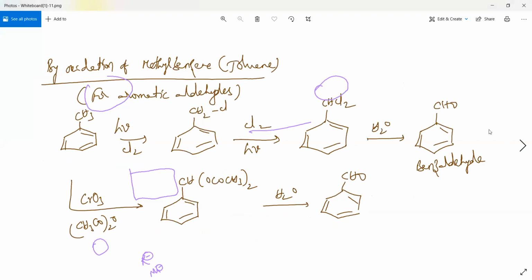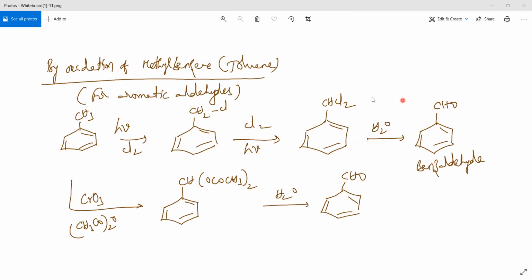Then by oxidation of methyl benzene, toluene. Toluene is first treated with chlorine in the presence of sunlight, and always you will get side chain halogenation. Then you will get CH2Cl here. Then again on halogenation, one more hydrogen is replaced, CHCl2.